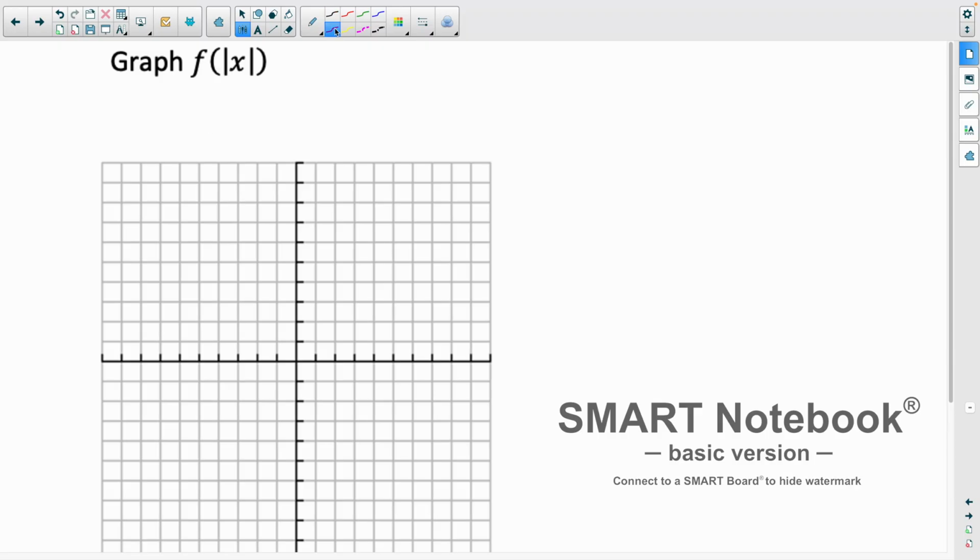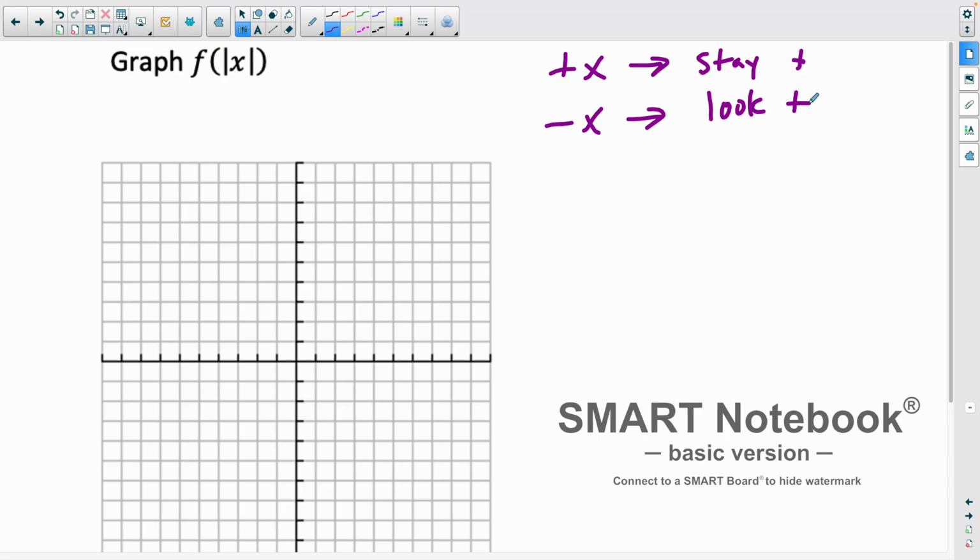So the way that I'd probably state this is the positive x's are going to stay positive. The negative x's are going to look like the positive ones. So the positive x's are going to stay positive. They're going to remain. The negative x's are going to look like the positive x's.